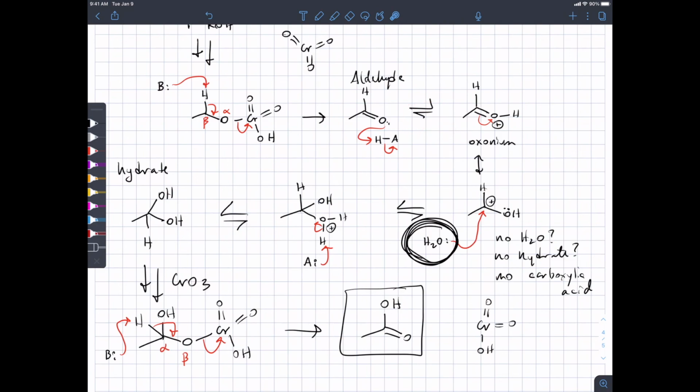This is just meant to communicate that when you have the aldehyde in water and in the presence of an acid, there's always going to be a certain percentage of hydrate. And it turns out, and I don't think your text necessarily mentions this, that it is the formation of that hydrate that is critical for the second step of oxidation.